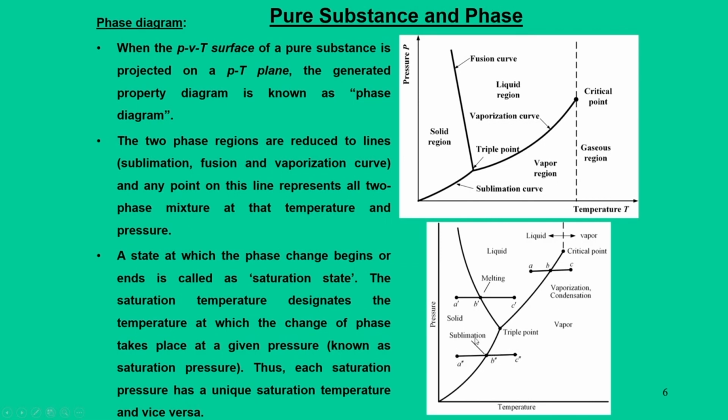Here, solid goes directly to gas, so we call this sublimation. Okay. Now, on this diagram we have fixed the triple point and the critical point.